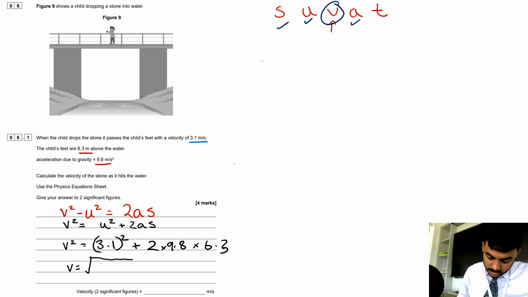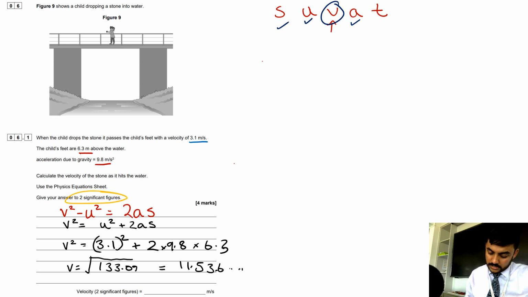So V is the square root of 133.09, and when I square root that answer, I end up with 11.536 as my answer.